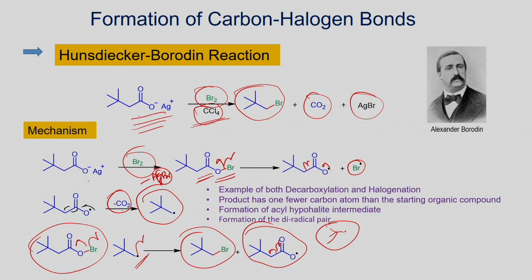So the reaction proceeds like this until you have consumed the substrate. This is known as the Hunsdiecker-Borodin reaction. If you have the silver carboxylate and react it with bromine in CCl4, you will be able to form the alkyl bromide via decarboxylation. It is a very useful reaction. In this, you lose carbon dioxide as a byproduct.